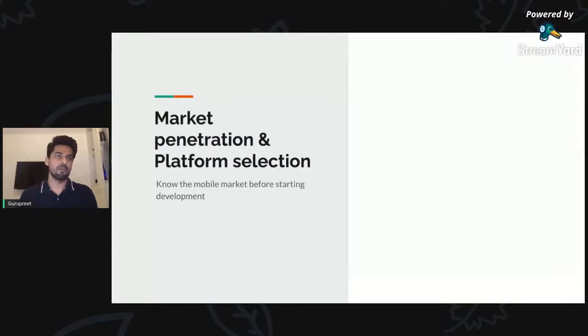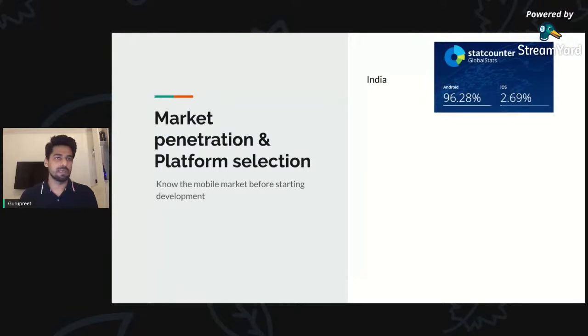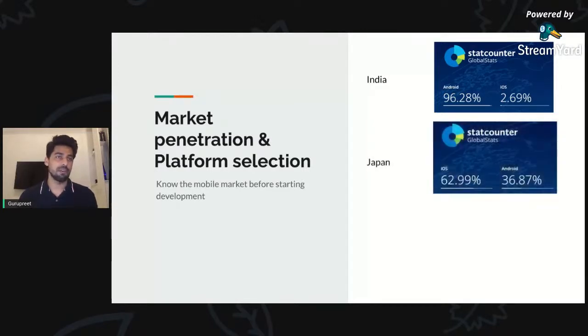Let's just say you want to start some application and you want to target India. Then you need to understand what the penetration is for the different platforms like Android, iOS and others. Especially if you want to target your application to Japan, you need to understand that it's an iOS dominant market, compared to India.